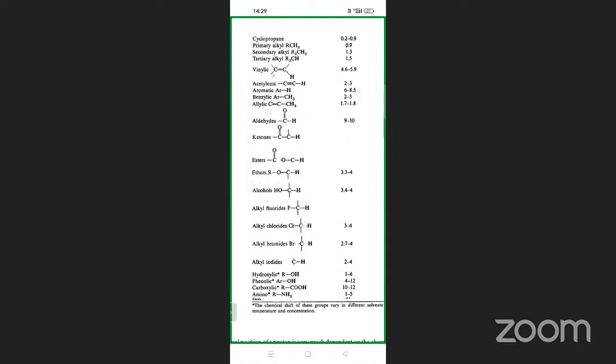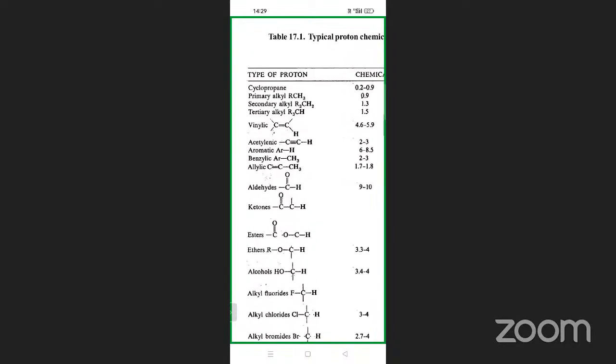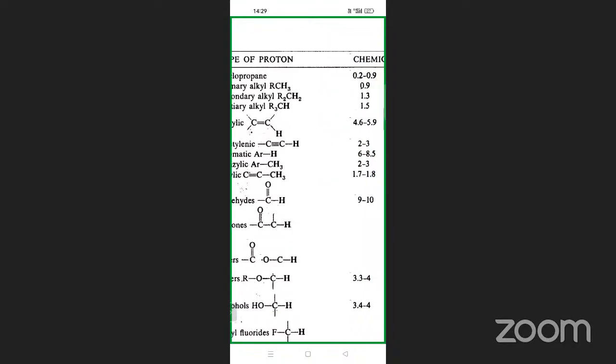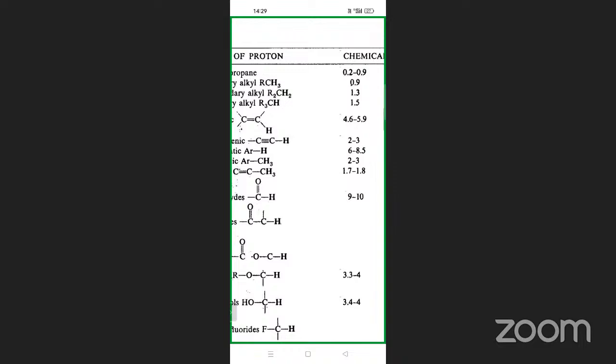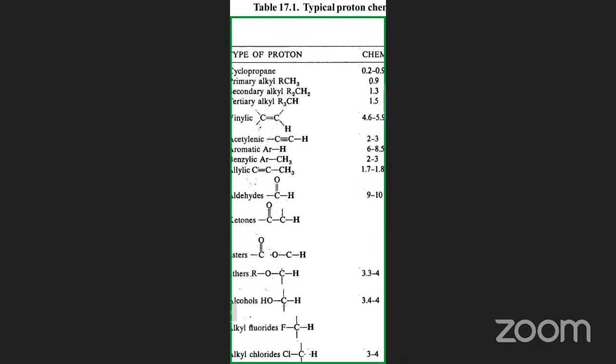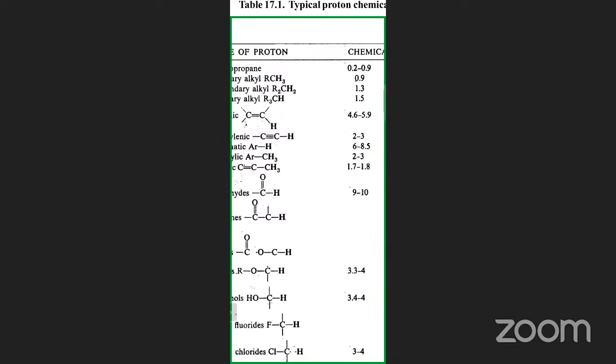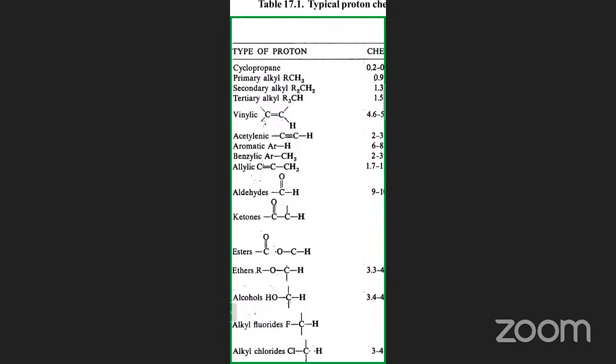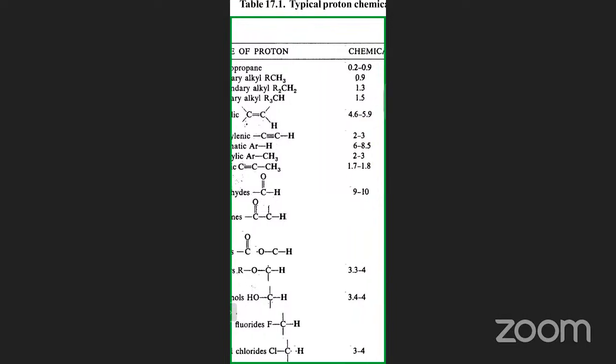Okay. So you see the secondary alkyl is 1.3, and tertiary alkyl is 1.5 here, and vinylic proton is 4.6 to 5.9, and acetylenic proton is 2 to 3. So here you can observe that, right?